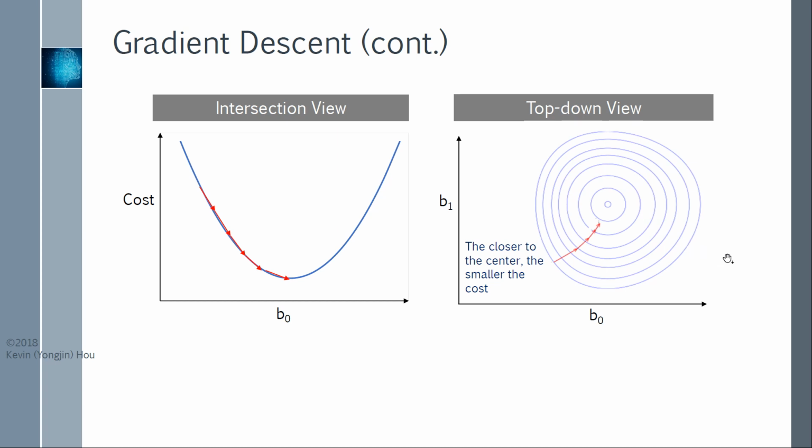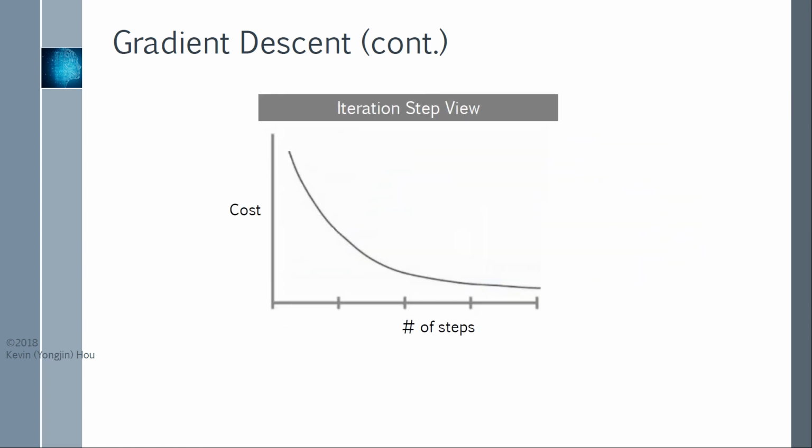So that's the top-down view. The last view I want to share with you is the iteration step view, because we're not getting the final answer for B0, B1 right away. We're getting there gradually. So as the number of trials and errors increases, most likely the cost will be decreasing.